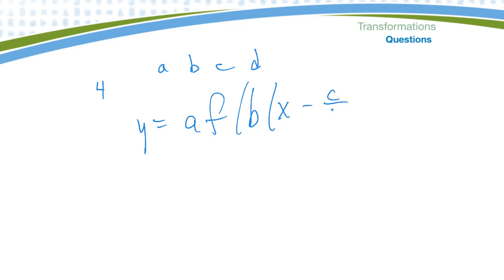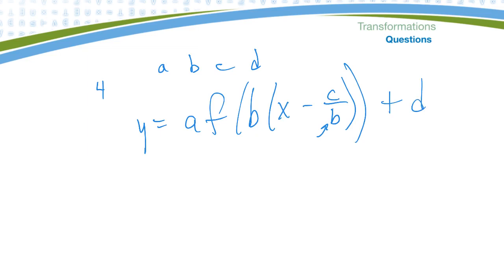Okay, so in this section we've looked at 4 types of transformations. We labeled them A, B, C, and D. Maybe I'll put them with the function: A f of (b x minus c over b) plus d. This fraction will come into play when we look at trig, but I just want to make sure we put it in there now.